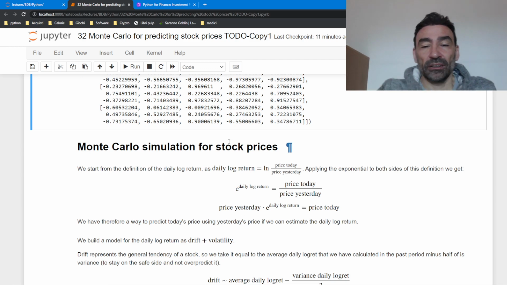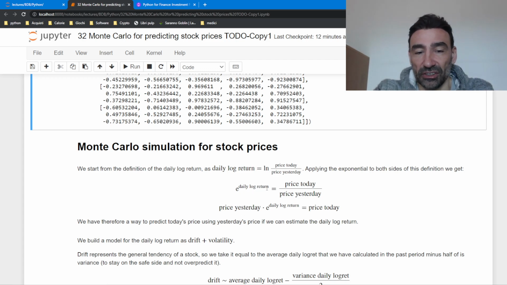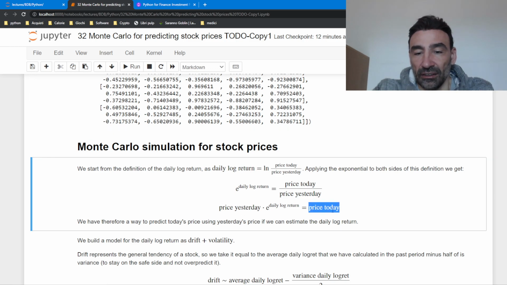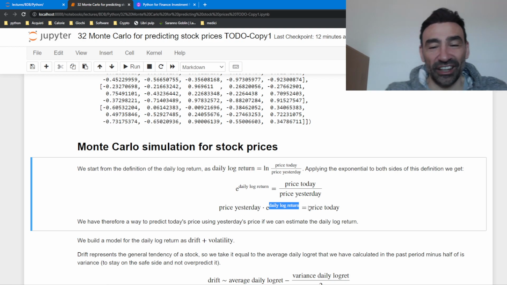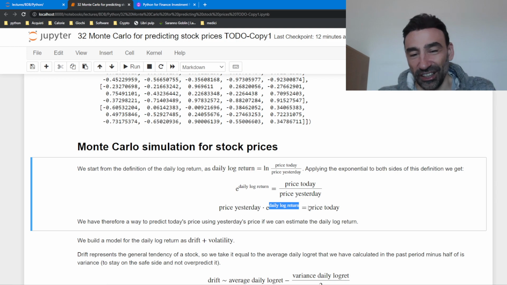Okay, now we apply the exponential to this side, and we get the exponential of the daily log return equal to the price today divided by the price yesterday. You put the price yesterday on the left side, and you get that the price of today is the price of yesterday times the exponential of the daily log return. The daily log return, pay attention, of today, because if it were the daily log return of yesterday, we would have invented a machine to predict the price of today given the data of yesterday, which would be impossible.